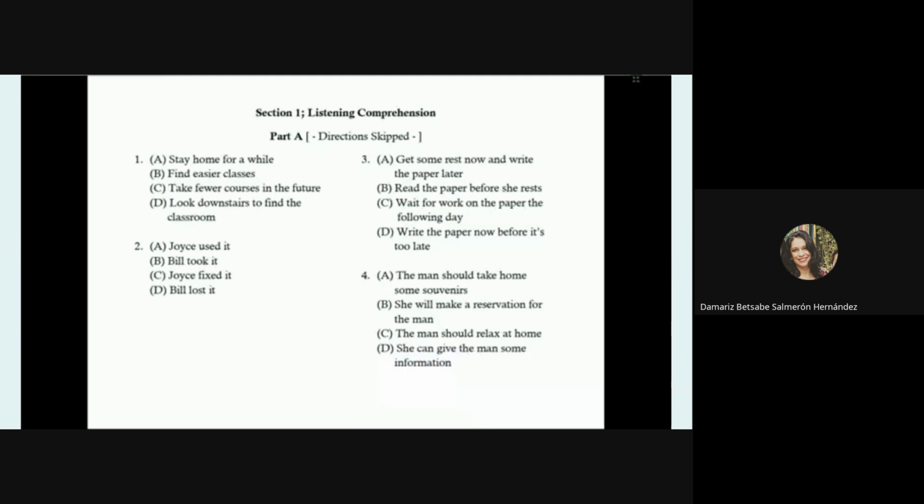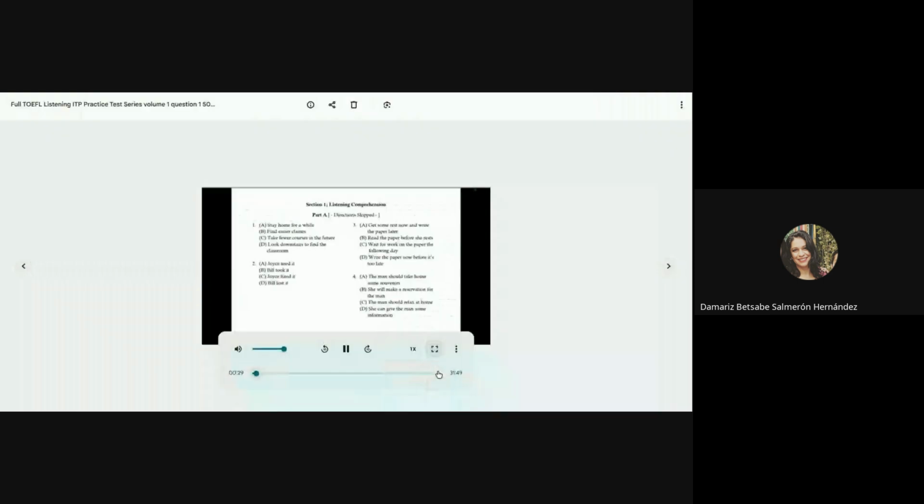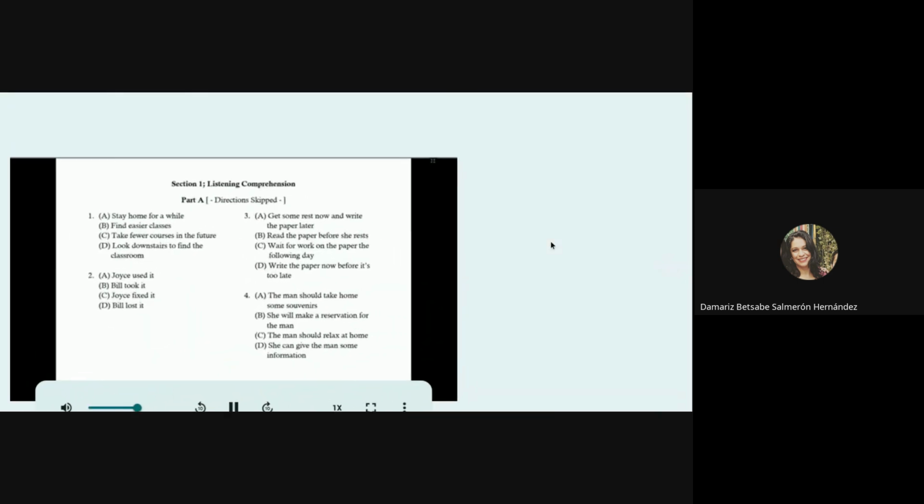Now we will begin the test of English as a foreign language. Break the seal and open your test book to the first page. Part A, Directions. In Part A, you will hear short conversations between two people. After each conversation, you will hear a question about the conversation.